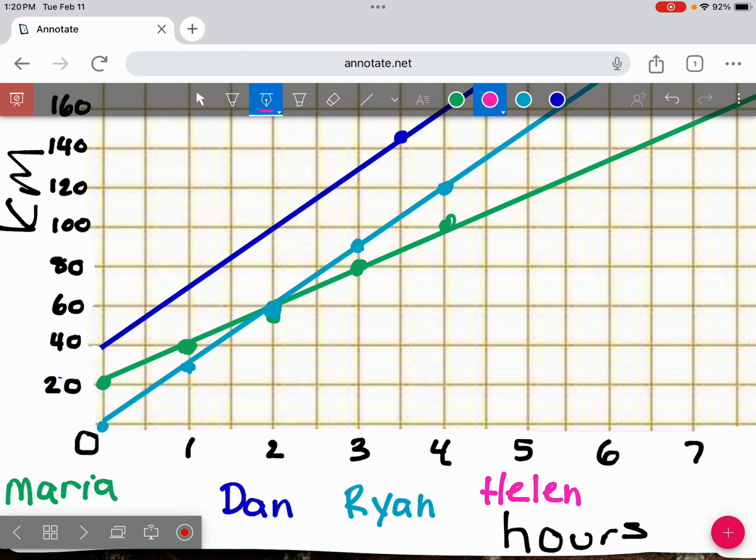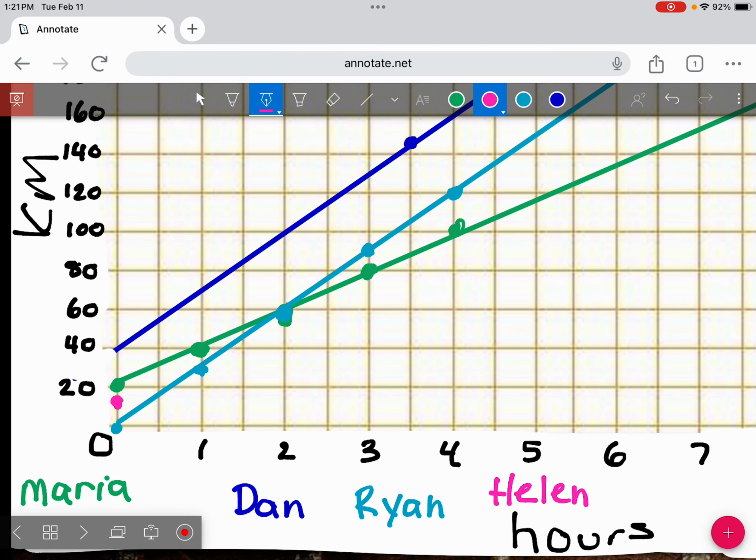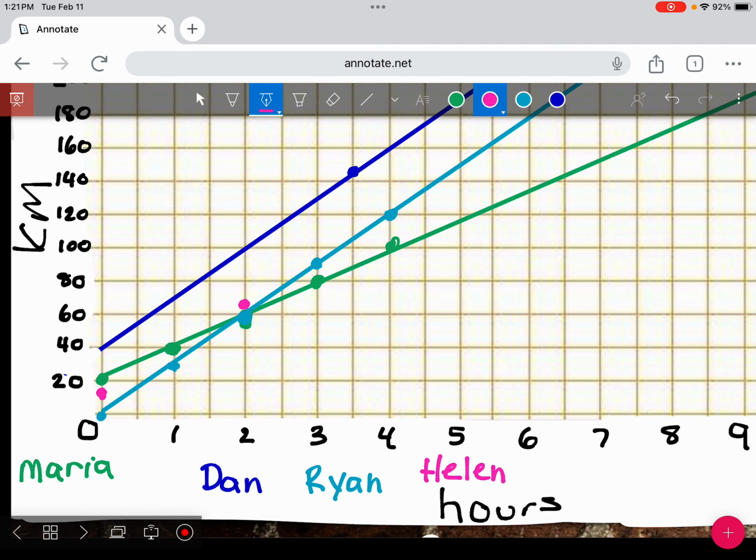So she's starting down here and traveled, so changed 50 kilometers in 2 hours. If she's starting at 15 and is going 50 kilometers, she's going to wind up at 65, which is going to be down here, really close to where Ryan and Maria are.